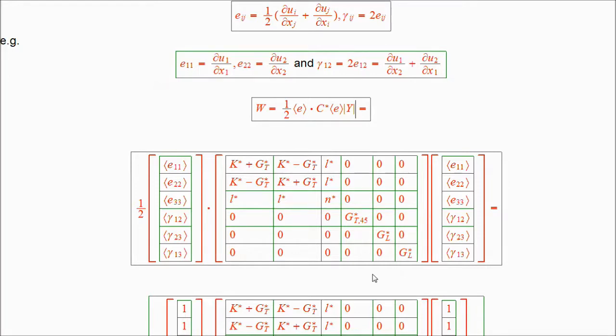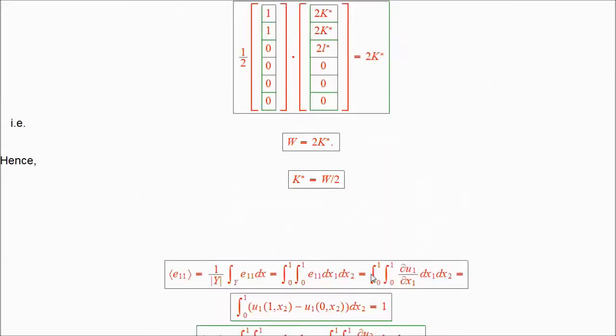Another thing is that we should maybe say some words about how to calculate this average strain E11, and also E22, but it's very similar. The average value of a function is just the integral of the function over the cell Y, divided by the area of this cell. In this case, the area is just 1, so it's just this integral.